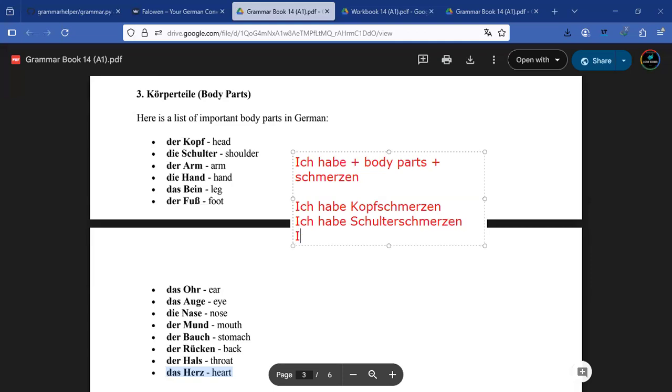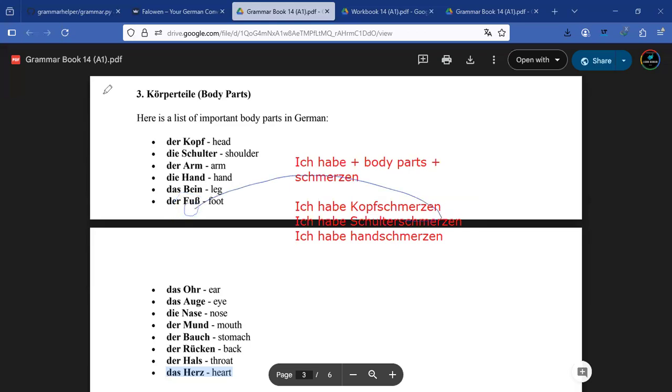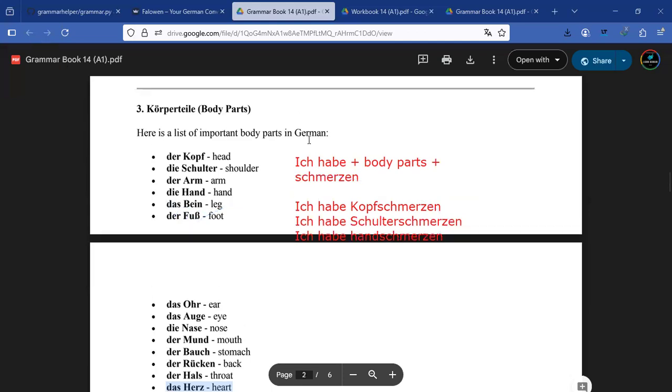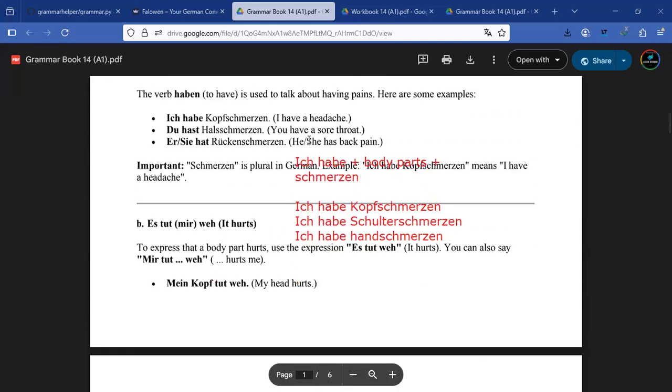If you have hand pain, you say ich habe Handschmerzen. So the body part that you are feeling, we just take that and add it to Schmerzen. That implies that you have this particular pain.